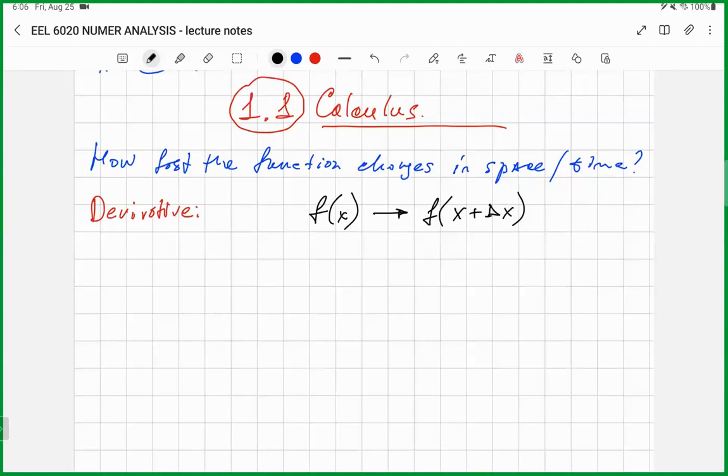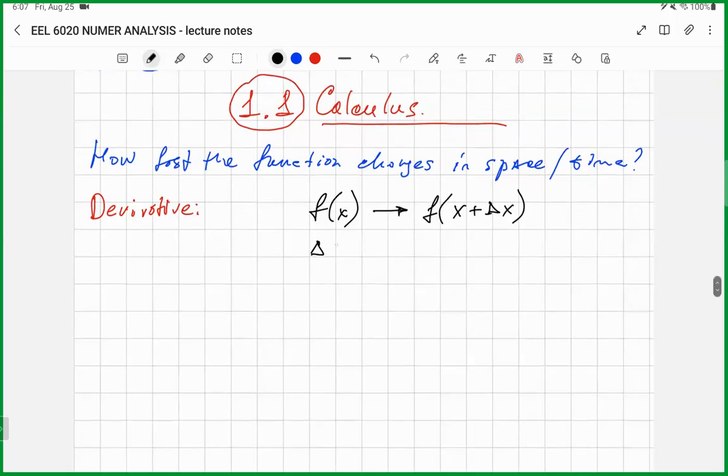And of course, the function will change as a result. To calculate the value of this change, I write delta f, which is also a function of x.